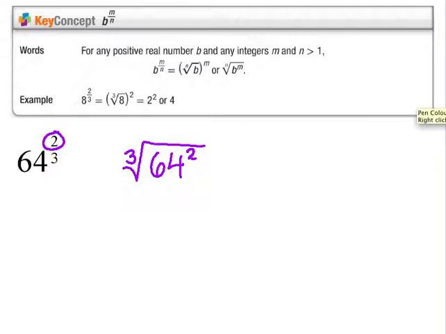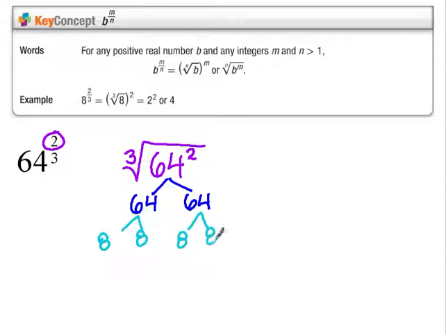64 squared means 64 times 64, right? If it would have been to the 3rd power, I would have done 64, 64, 64. If it would have been to the 4th power, you would have had 4 of those numbers going across. And now what I'm going to do is break down each of those. 64 is 8 and 8.